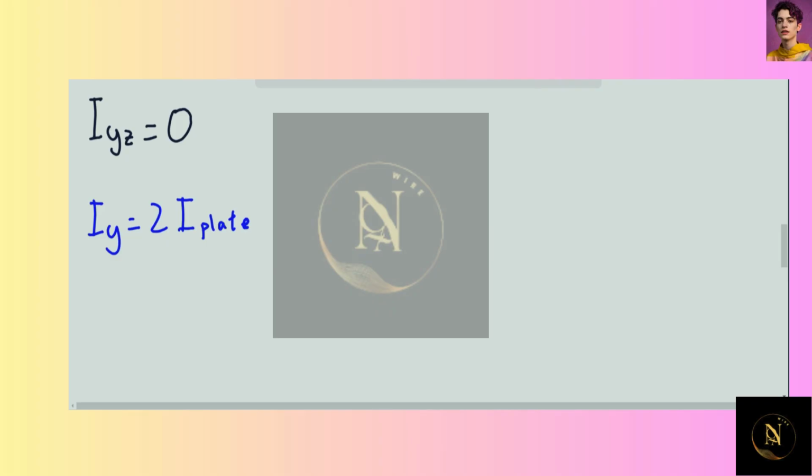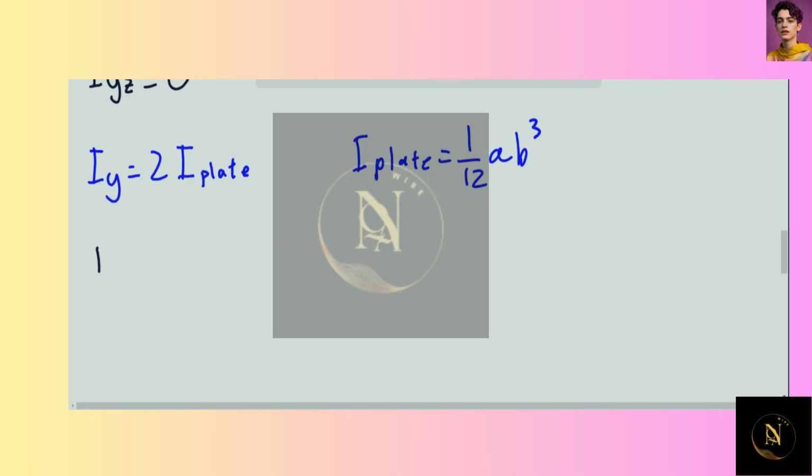And we know that the moment of inertia of the triangular plate is going to be equal to 1 over 12 times a times b cubed. So we can write I of y is equal to 2 times I of plate, which is then equal to 1 over 6 times ab cubed.